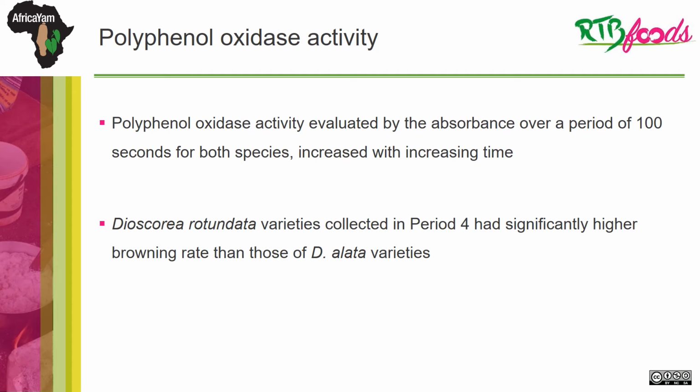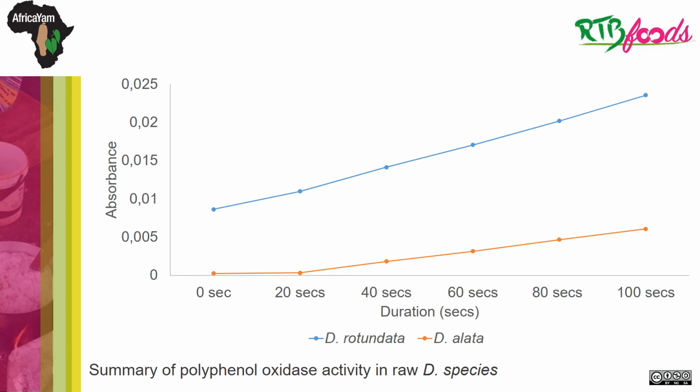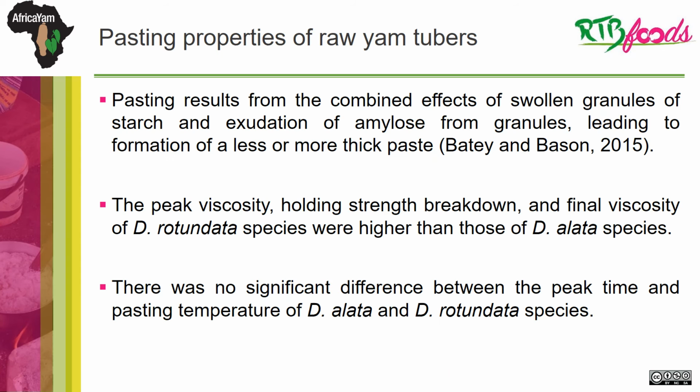For this set of yams, we see that the Dioscorea rotundata varieties had significantly higher browning rates, or significantly higher polyphenol oxidase activity, than the D. alata varieties. We started from 0 seconds up to 100 seconds, and we see that the PPO activity of the D. rotundata was much higher; the absorbance was much higher than that of the raw D. alata.